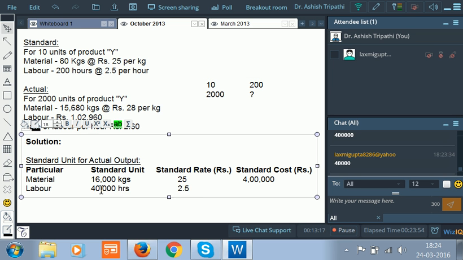So our standard cost for labor will be 40,000 into 2.5. I hope you are getting 1 lakh.